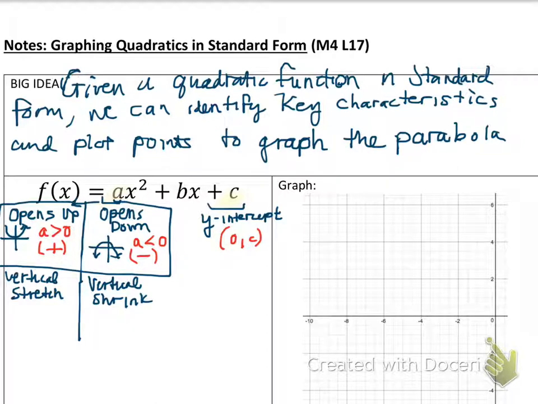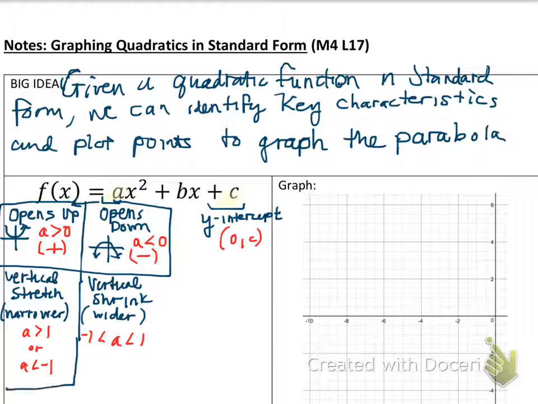A vertical stretch is going to be where our graph gets narrower, and there we're going to see an a value that's either greater than 1 or less than -1. And with a vertical shrink, we're going to see our graph get wider. That's where we have a fractional or decimal a value, or we could say a is between 1 and -1.